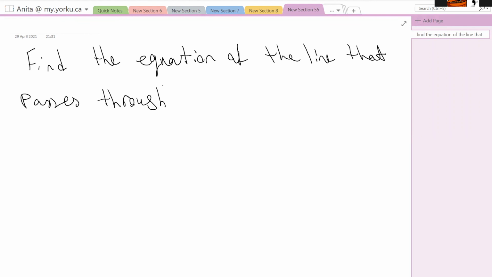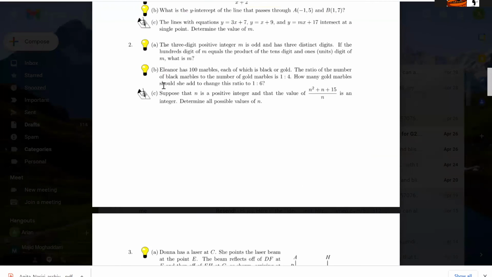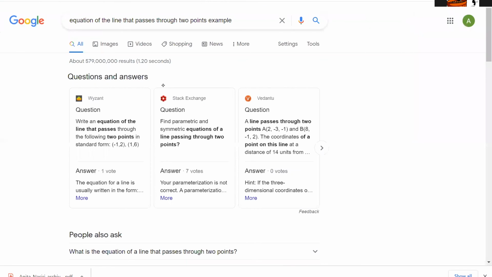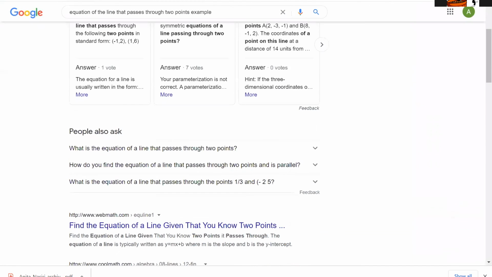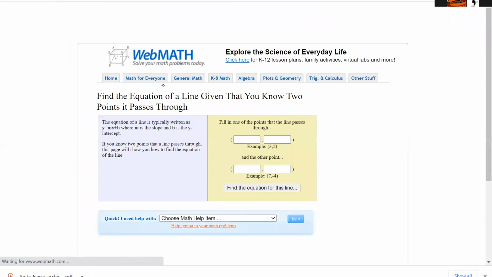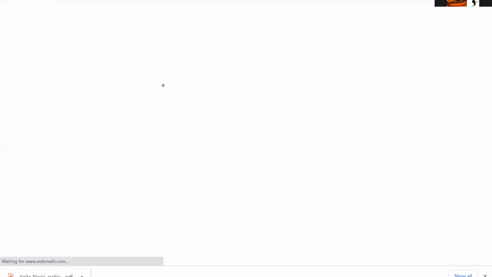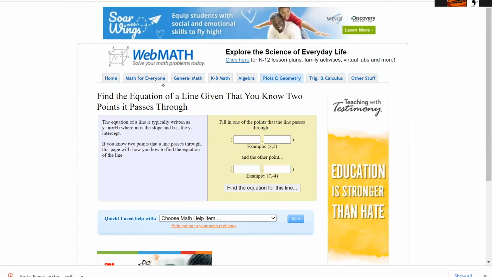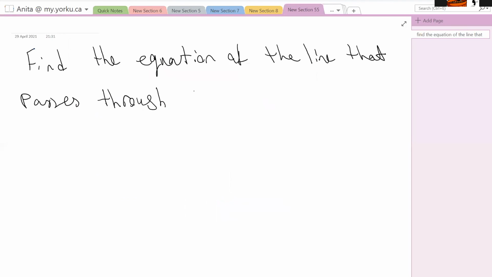I'll just give you one example. The points: A is 3 and 2, B is 7 and negative 4.